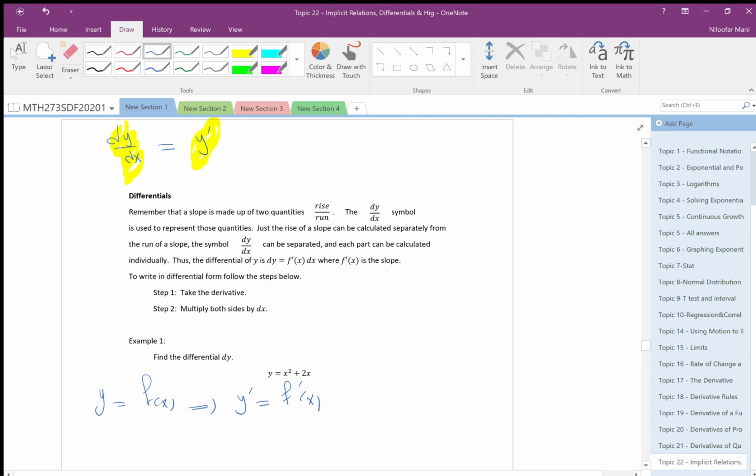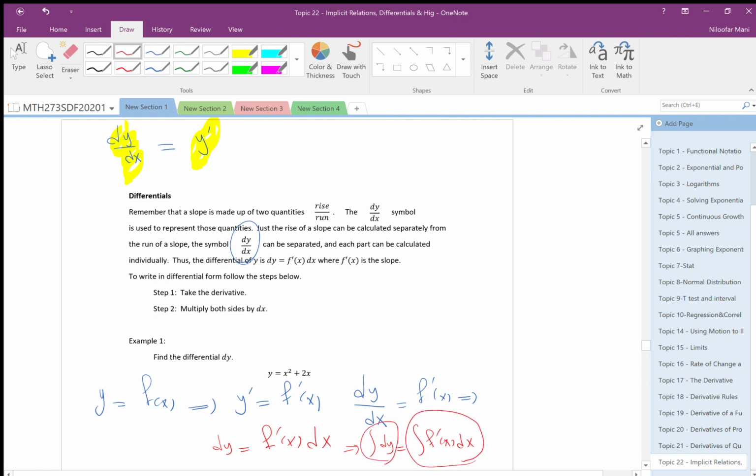Now, instead of y prime, you write dy over dx equal f prime of x, and then you can say dy is f prime of x dx. In future, when I teach you antiderivative or integral, you say the integral of dy is the integral of f prime of x dx, and because this one is with respect to x and this one with respect to y, it's easier for us to find the answer.